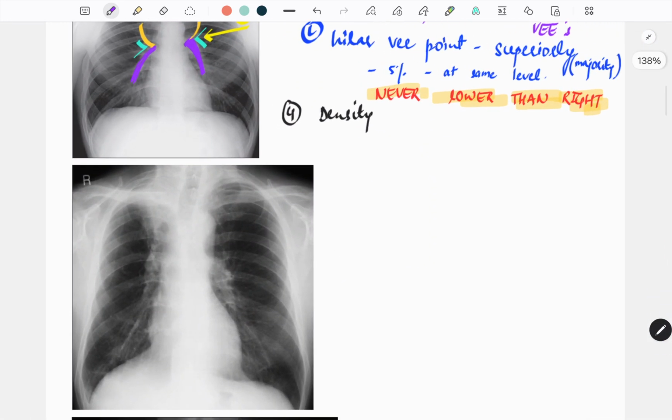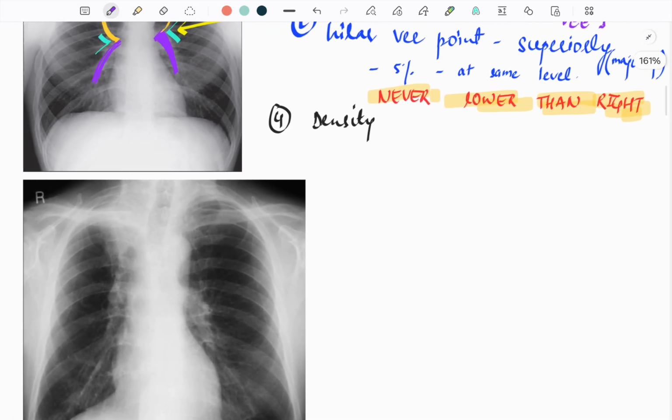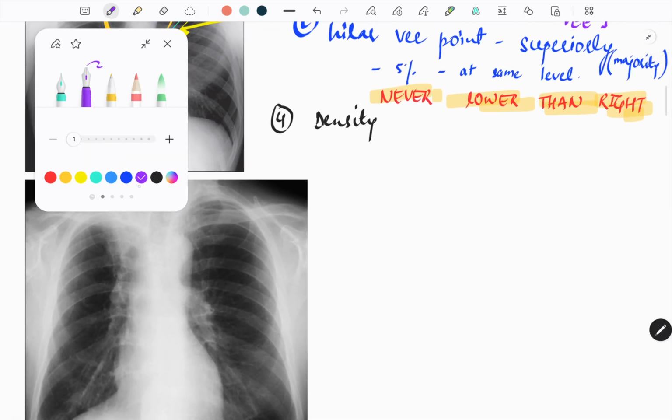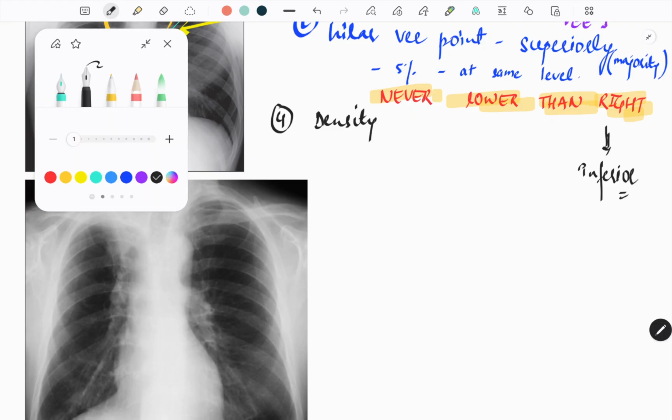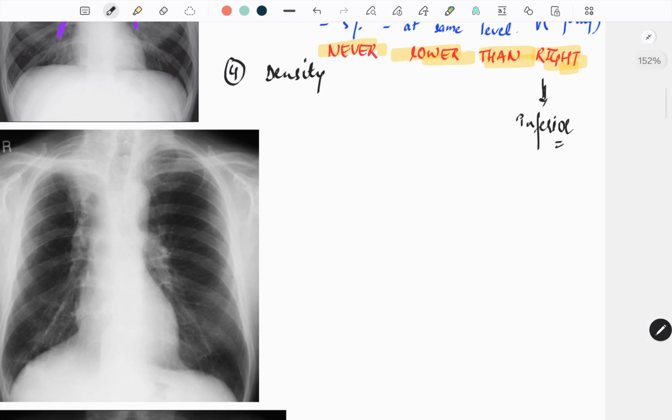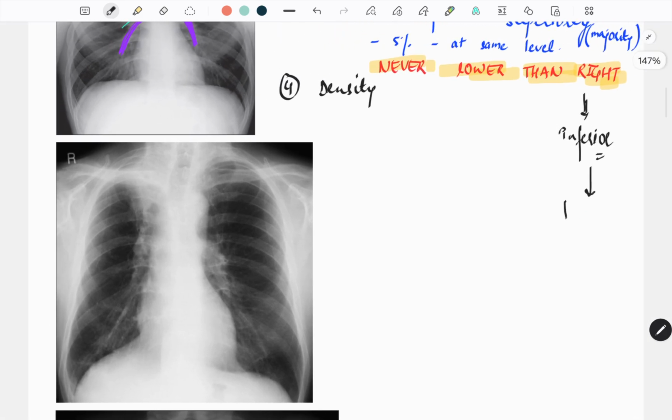Now we'll see if it becomes inferior. In cases of pathology, if it becomes inferior, then we should always look for pathology.